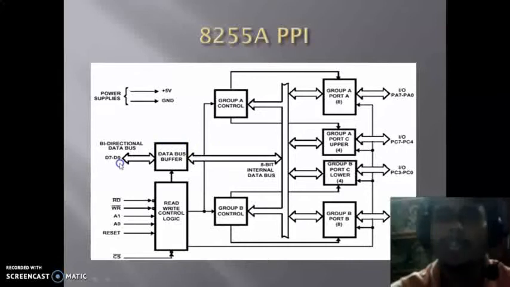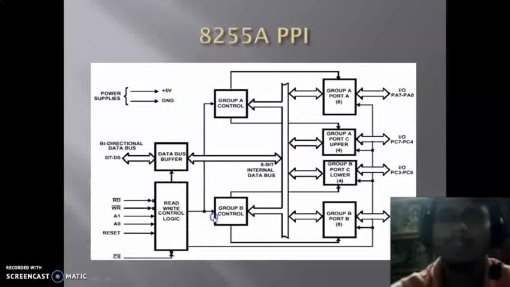And we have a data line D0 to D7 by which the data can be transferred to the microprocessor, and from the microprocessor to the input output devices. And we have a data bus buffer, where the intermediate data can be stored. That is the overall block diagram that we are seeing, and these A0 and A1 lines are used to select port A, port B, port C as well as the control register.